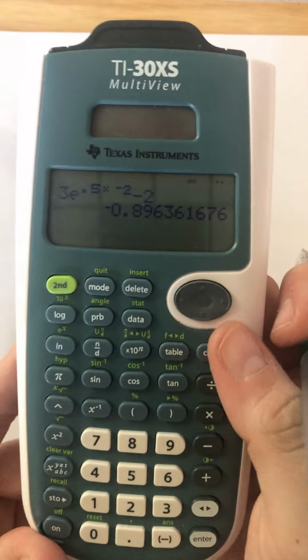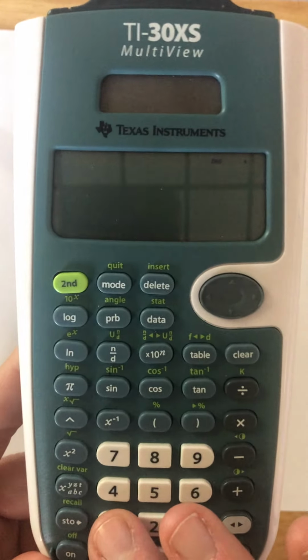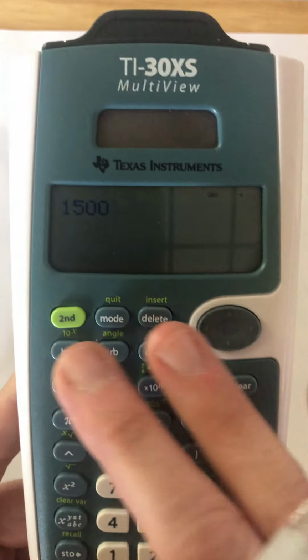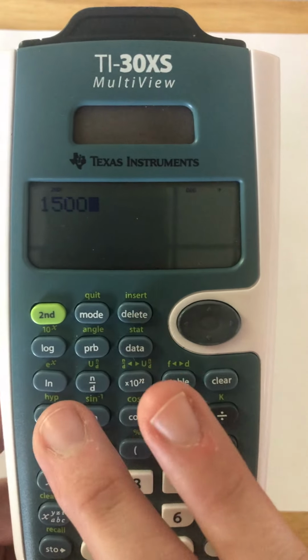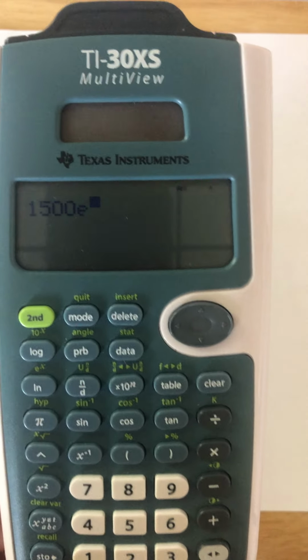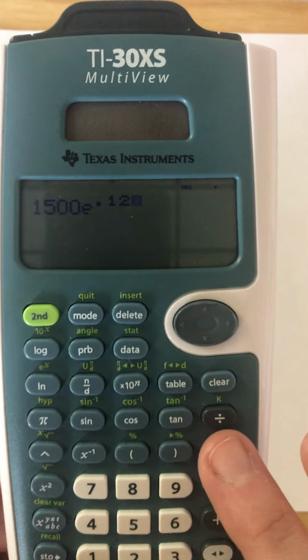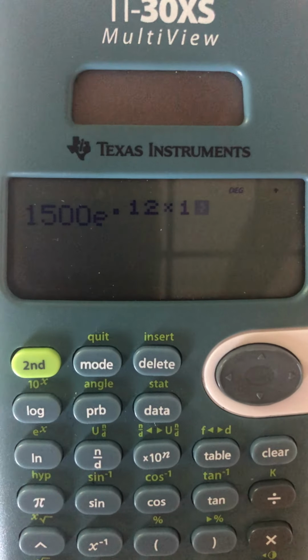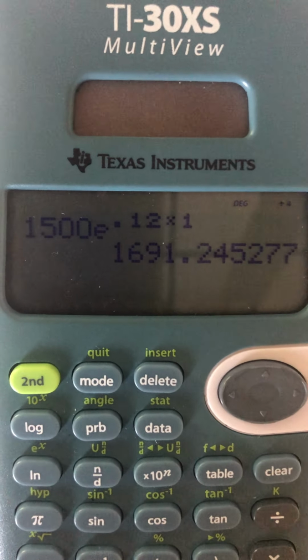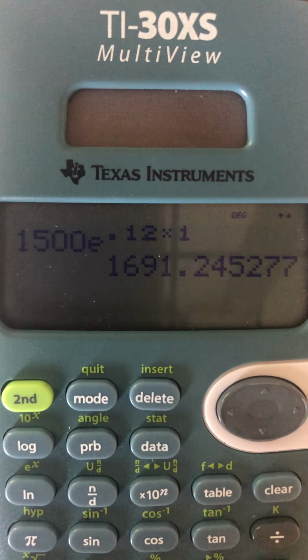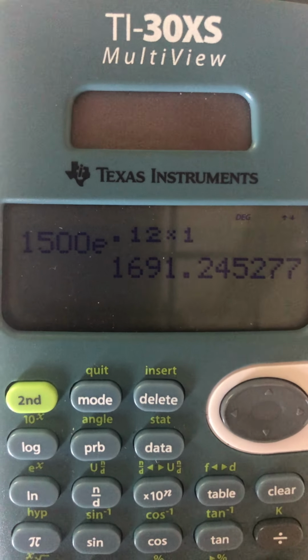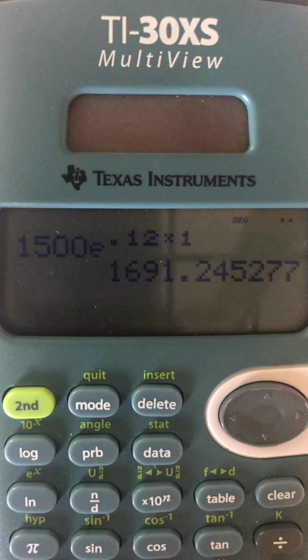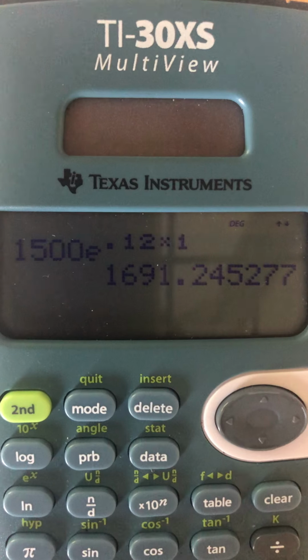So here we are, we're going to plug it in. So I have 1,500 times e raised to the 0.12 times 1 power. Now remember that the answer that we get is based on money. So think about money. How many digits would you want behind the decimal point? You would want 2 because you would round it to the nearest cent.